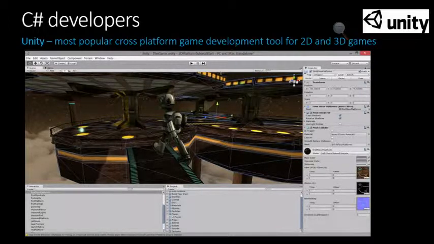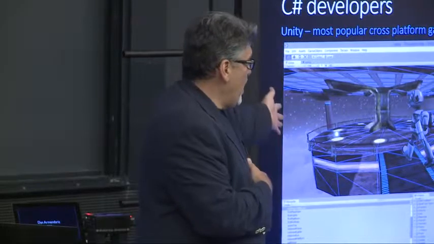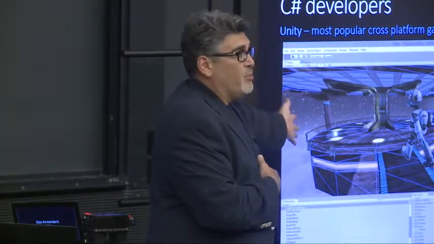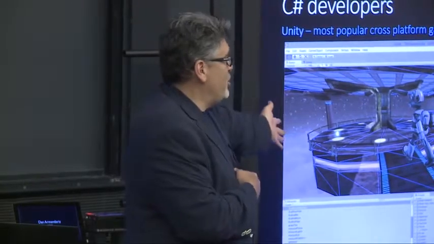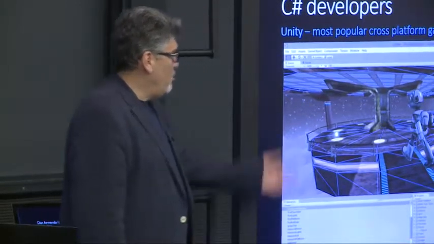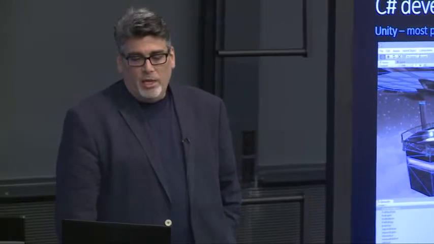We're actually told by Unity that about half the games in the iOS store are built with Unity. So we know there's a lot of Unity developers out there. It's a great tool. It's on the high end, but under the covers, it's C#. It's actually using the cross-platform implementation of C# that Miguel de Icaza designed years ago. It's called the Mono framework. And so you can build games that target all the platforms.